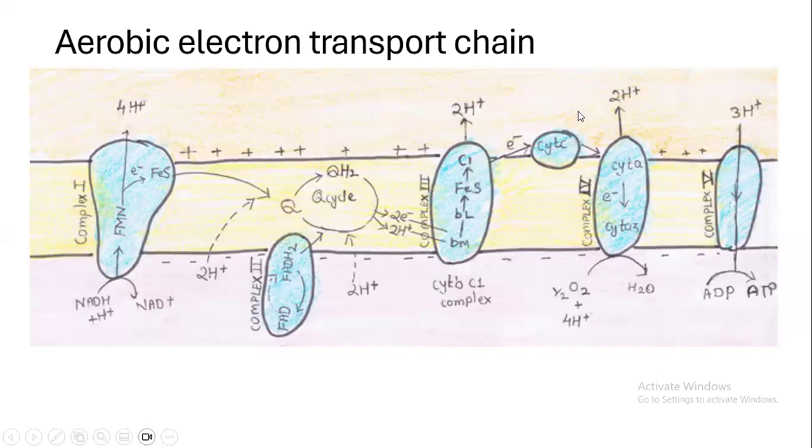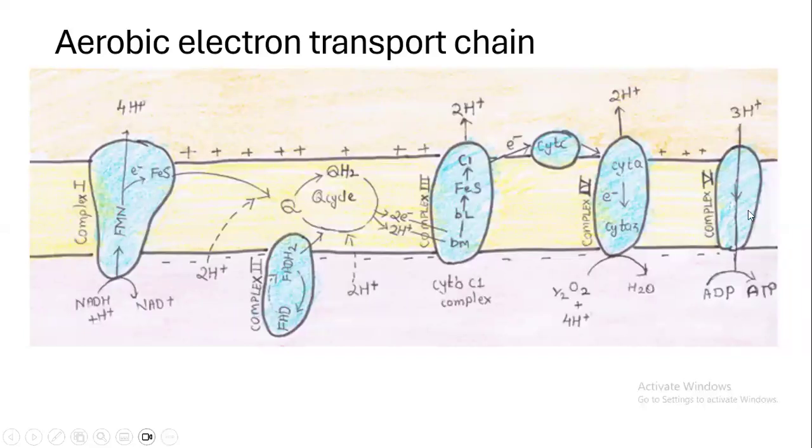So overall, 8 H plus ions are excluded each cycle of the electron transport chain, which leads to generation of a proton motive force. Complex 5 or ATP synthase utilizes this proton motive force for generating ATP.